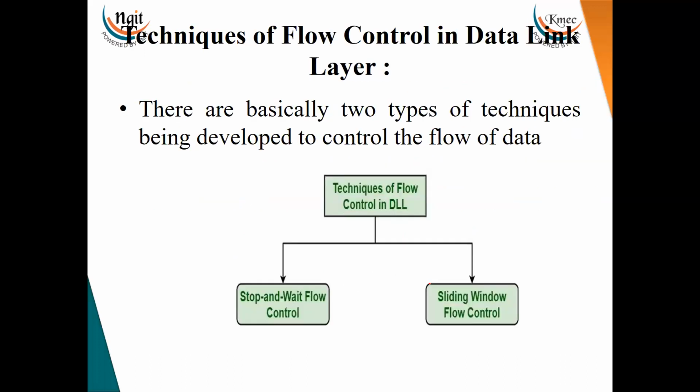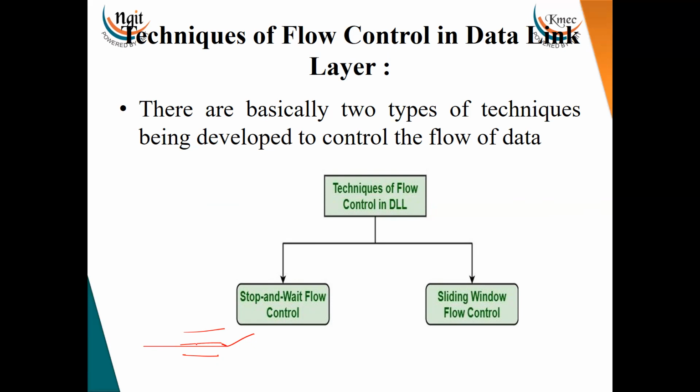Now, whenever we are working with flow control, this flow control is one of the techniques in our 7 layers: physical layer, data link layer, and transport layer. The physical layer has the data in the form of frames, and the transmission will be done from the physical layer.